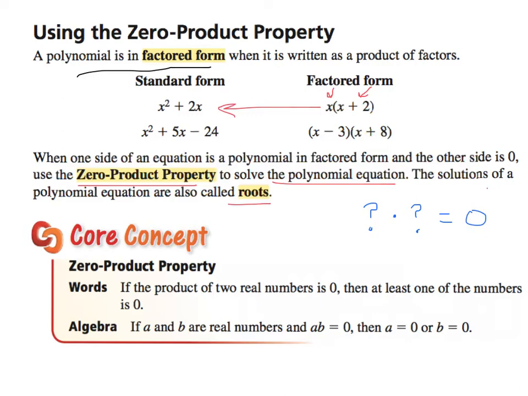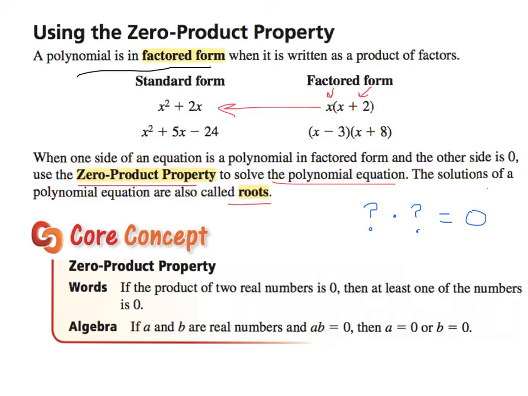One of them has to be 0. So either this number has to be 0 or this number has to be 0. That's what this says. If a product of two real numbers is 0, then at least one of those numbers is 0.